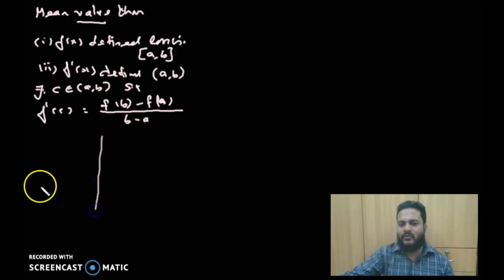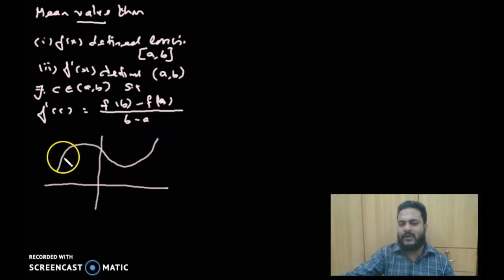And if you want to express this graphically, consider a function in which you will be having 2 points. This is a and this is b. So this is a comma f of a, and this is b comma f of b.